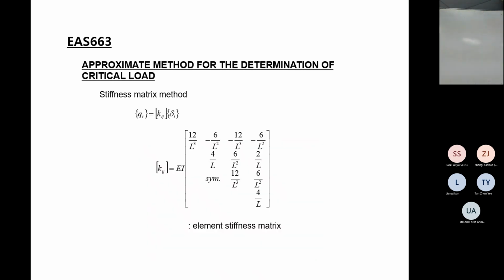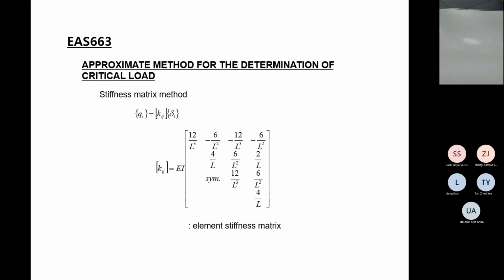Now, this is the normal one, which is suitable for analyzing a bending problem where there is no axial force present. So this is the element stiffness equations, and specifically the element stiffness matrix. This is at element level. We use a small k here for element level, and this represents a matrix.